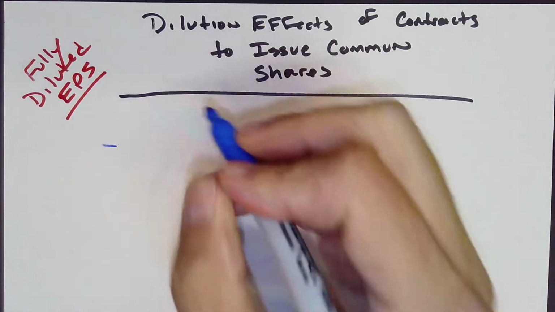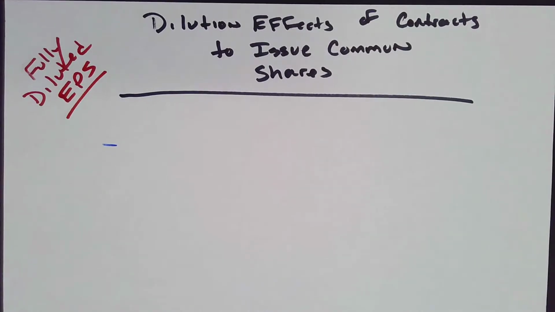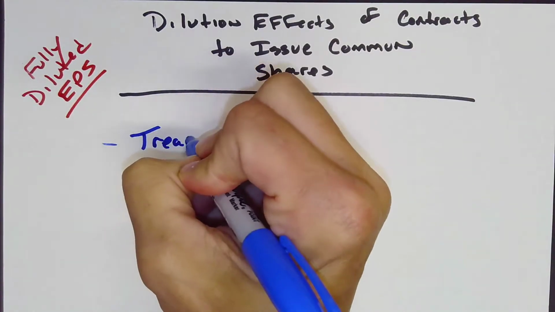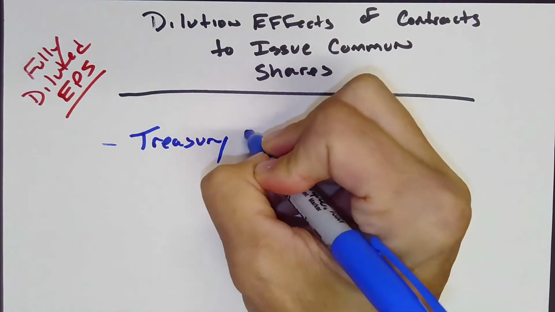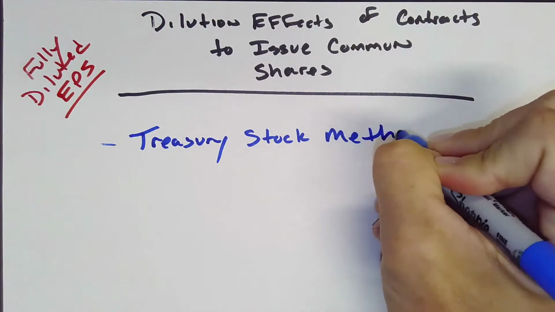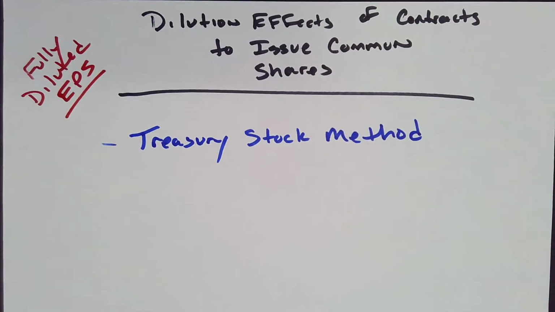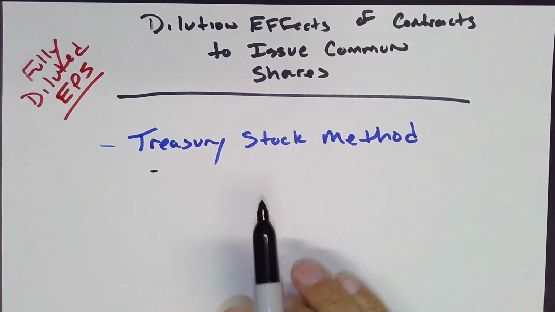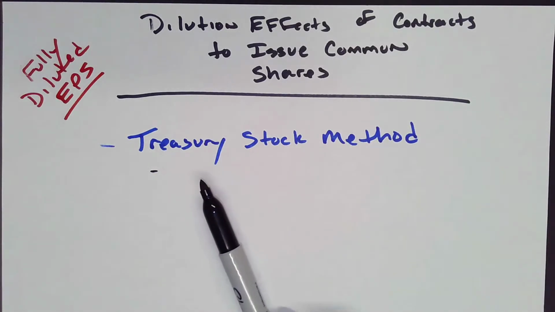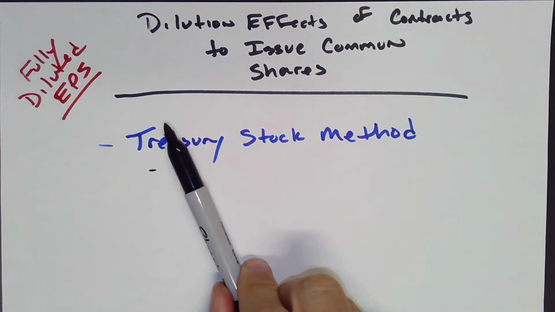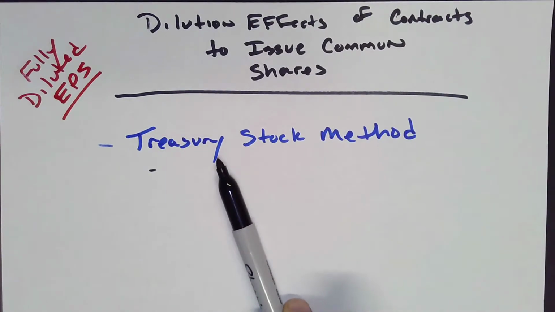So the first method we talk about is the Treasury stock method. And this is used mostly with options and warrants and things of that nature, where the individual holding the option, the individual holding the warrant, they're not just getting the stock, right?